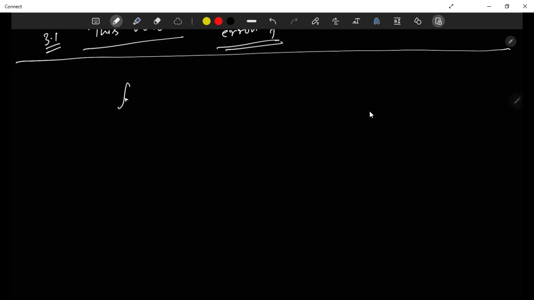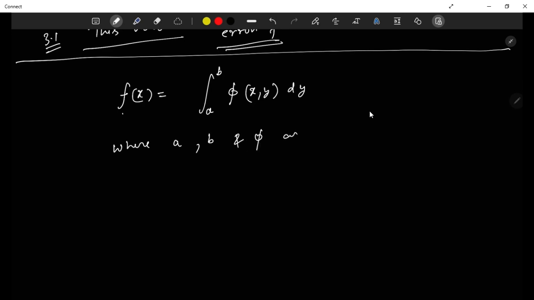So you see here f of x, here I am writing like this, from limit a to b, some given function phi of x comma y dy, where a, b and phi are given.